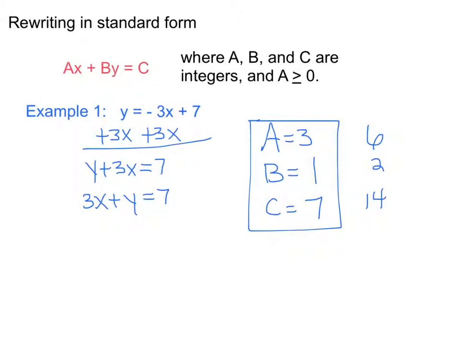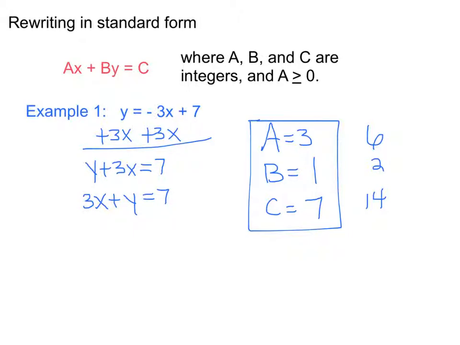But since I told you it's the same equation, which one's more correct? And that would be this one because you want it to be in the simplest form possible. There's no reason to have to double all those numbers. So you want to make sure that these three values, a, b, and c, don't have any common factors. And if they do, you want to reduce them. But you still can't have any fractions or anything.